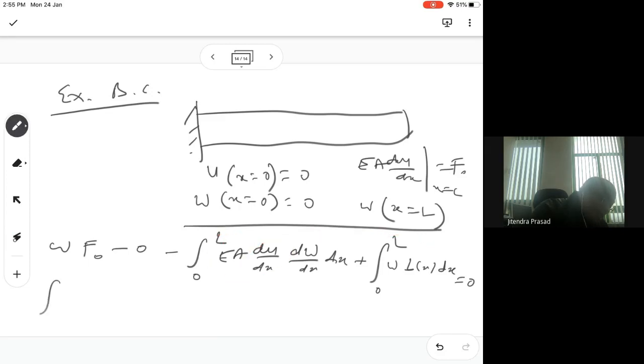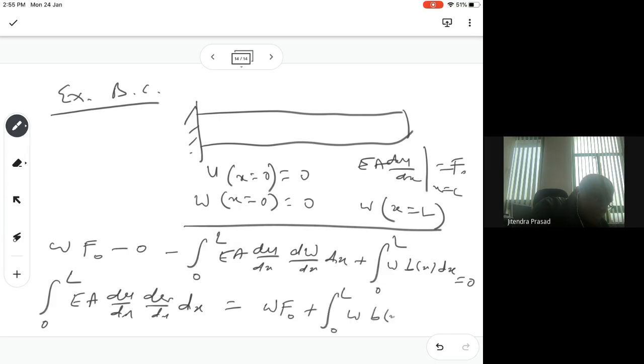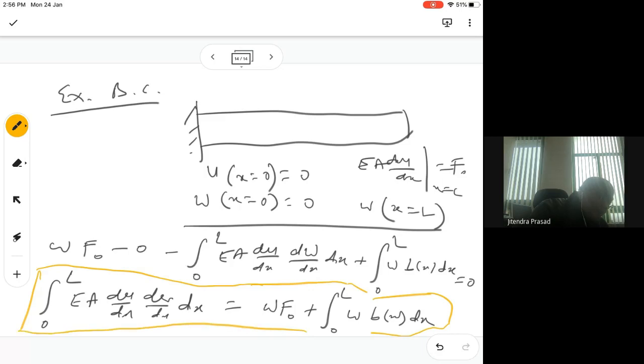So you get integral 0 to L of EA du over dx dW over dx is equal to W F naught plus integral 0 to L of W bx dx. So we have this form. Same equation, but we have changed it. How does it look?